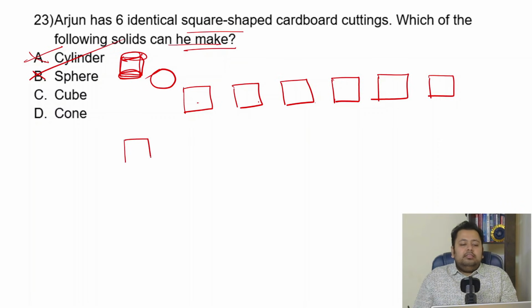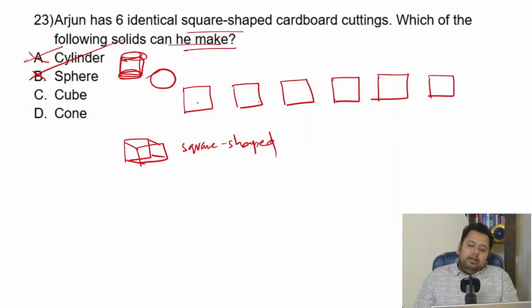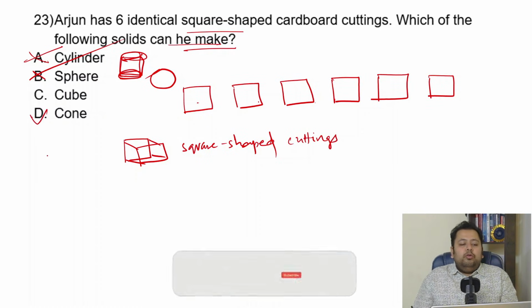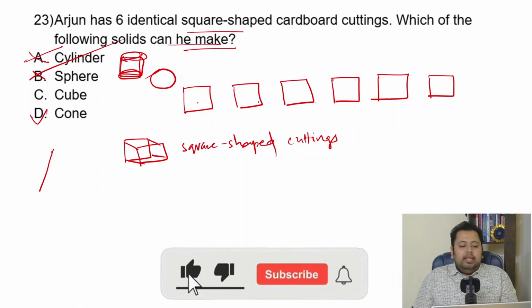A cube is made like this, with six square-shaped cuttings, right? So here it is square-shaped. What will a cone be? A cone will be something like this: this is rectangular and this is circular.